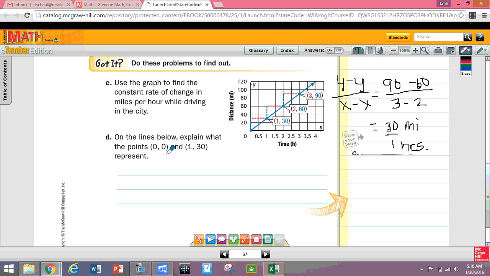Now the second part of your problem, D, asks you to tell me what (0, 0) means. (0, 0) means I traveled zero miles in 0 hours.